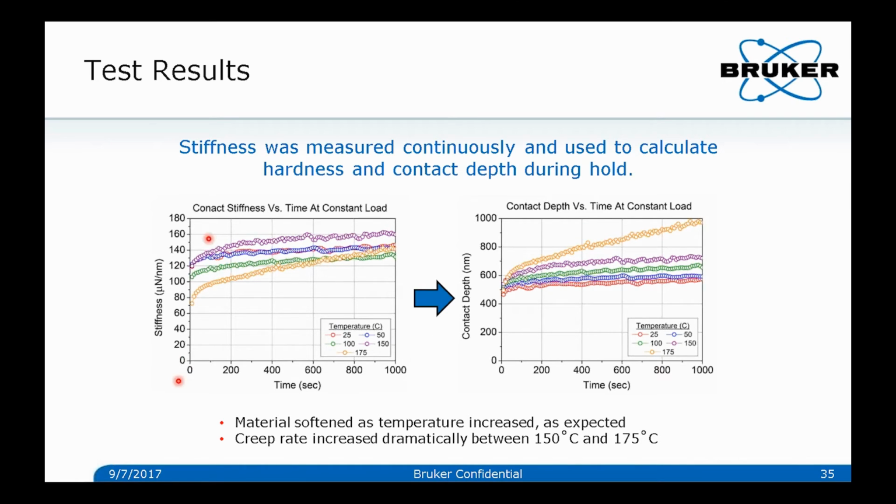So here we have stiffness versus time. This is the raw data. Again, this is converted and corrected into depth versus time, and we can do this at different temperatures as well. So here we have measurements everywhere from room temperature up to 175 degrees. You see pretty consistent behavior up to 150 degrees, but as you go to 175, you can see much higher creep rates.